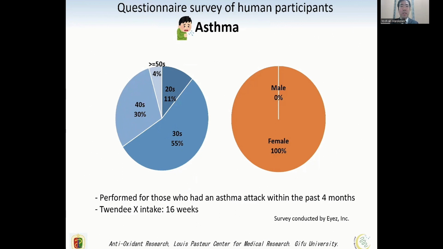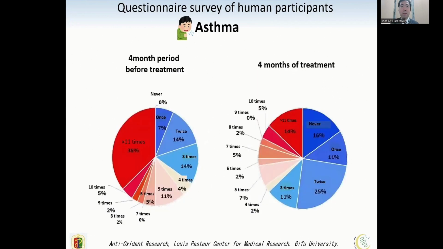Lastly, we present data on asthma. 44 women who had had an asthma attack within the past 4 months were asked to take 20X for 4 months. The results show that 2/3 of the patients had 4 or more attacks in the 4 months prior to taking 20X.